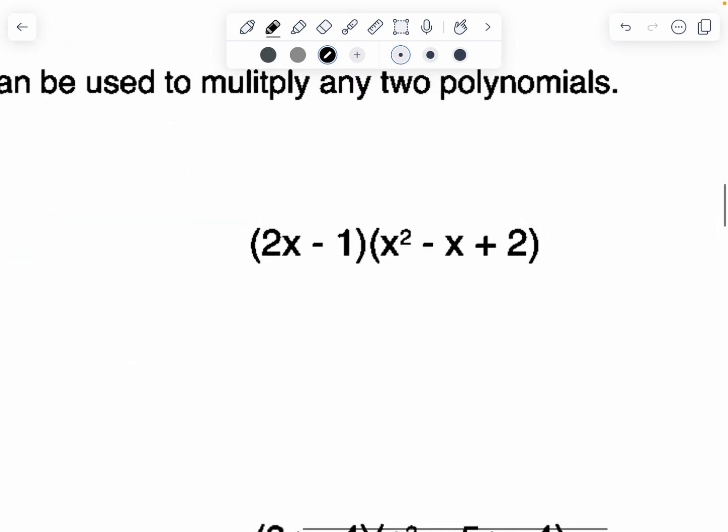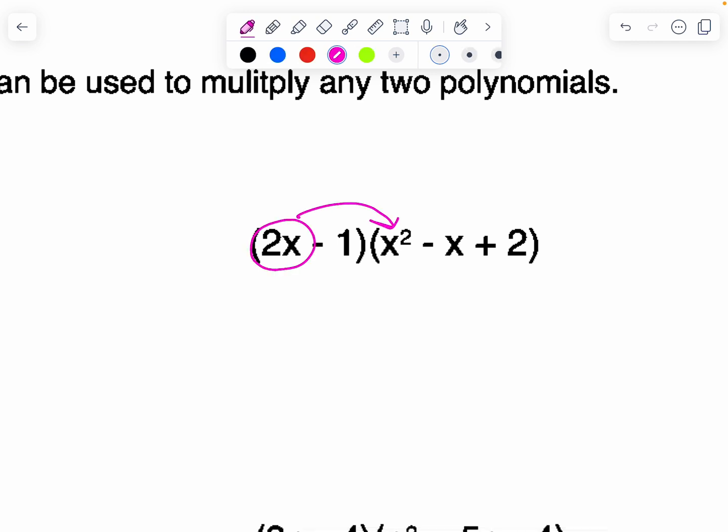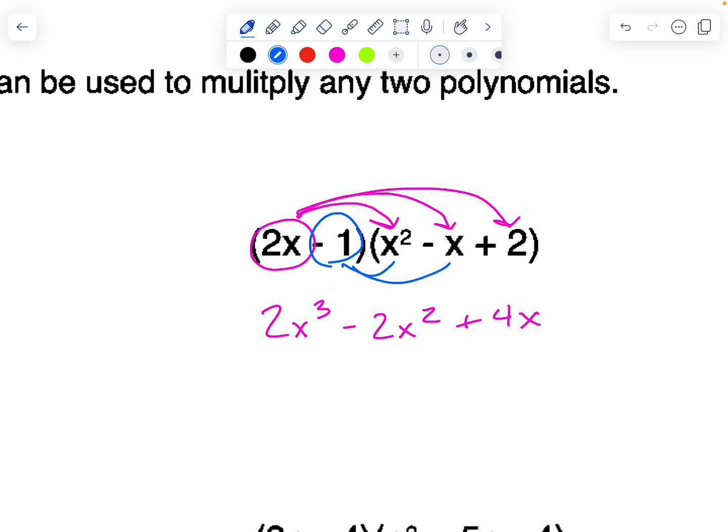So same thing here. Distribute the first one. 2x to the third minus 2x squared plus 4x. And then distribute the negative 1 to all 3 as well.